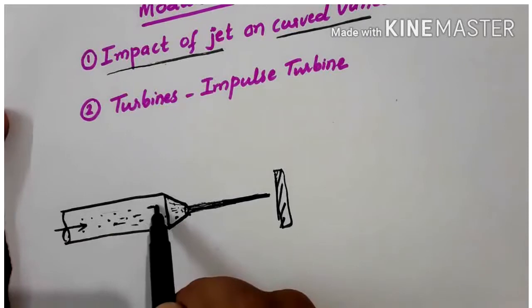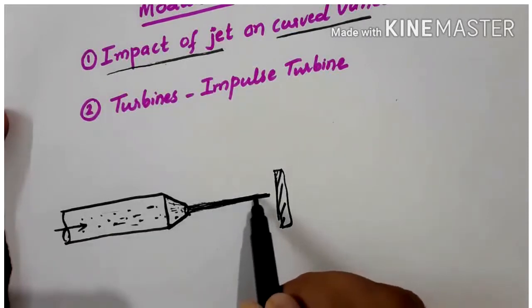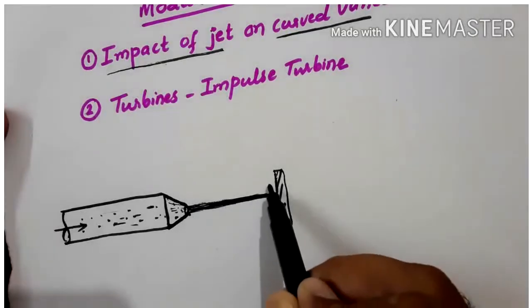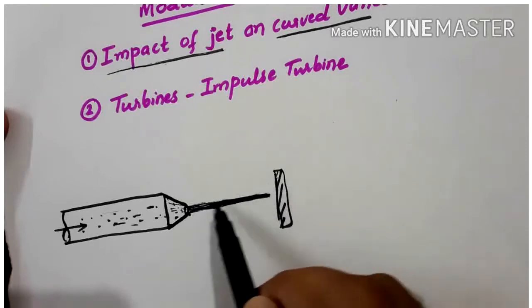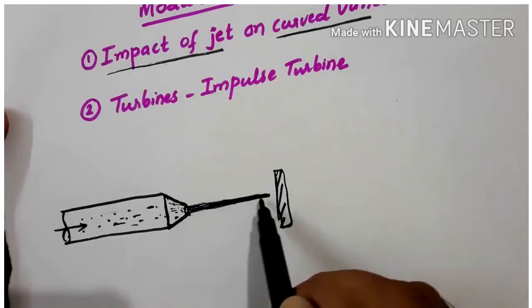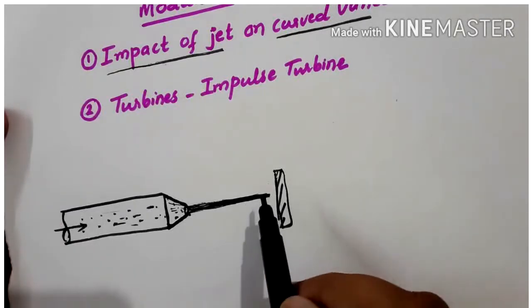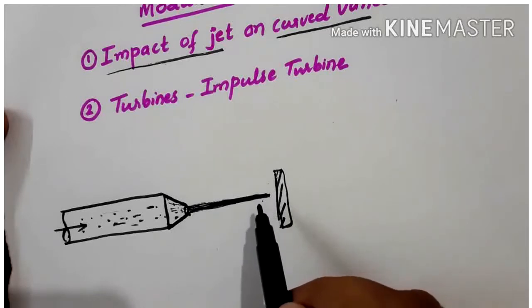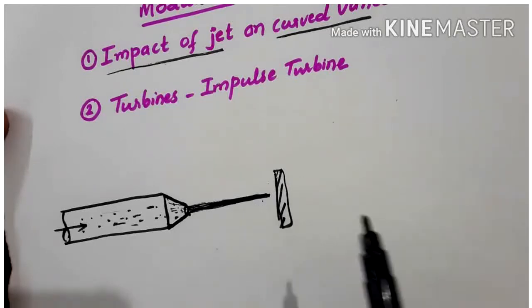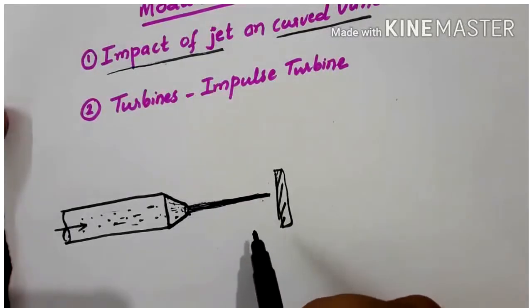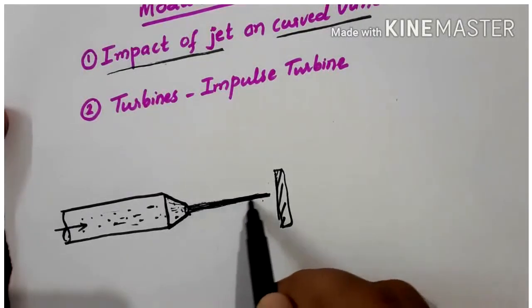When it comes out in the form of a jet, if anything comes across its path, it will exert a force on the plate, and that force is what we call impact of jet. That force will be calculated by using the impulse momentum principle. That concept will be used in this particular chapter.